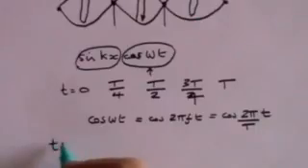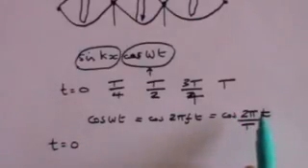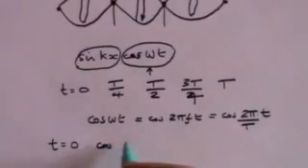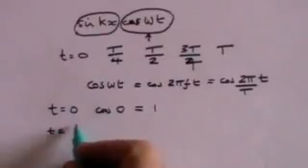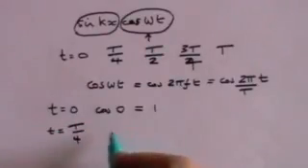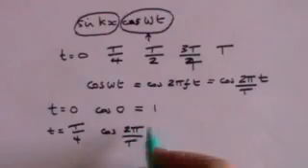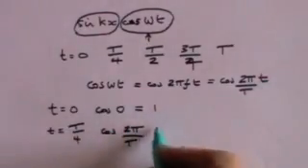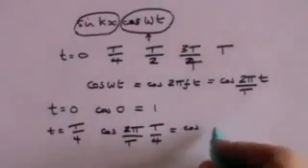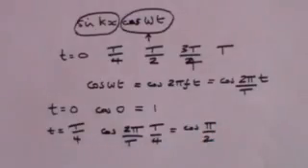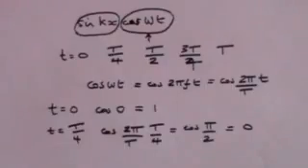Well, when t is equal to 0, obviously you will have cosine of 0, and the cosine of 0 is 1. When t is equal to T over 4, then you're going to get cosine 2 pi over T times t, which is T over 4, and that will give you the cosine of pi over 2. And the cosine of pi over 2 is 0.